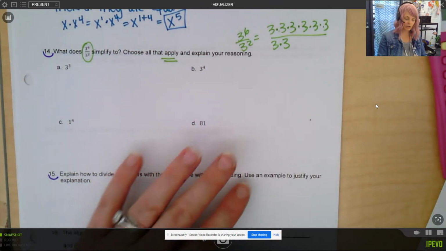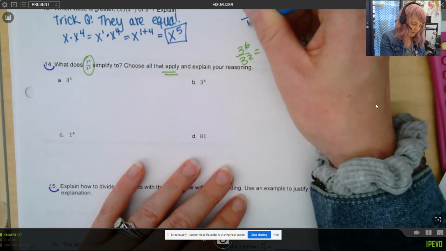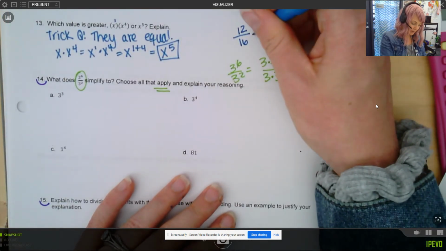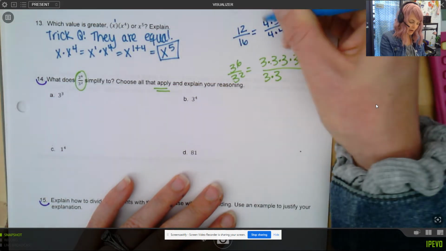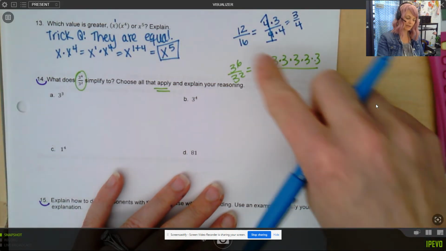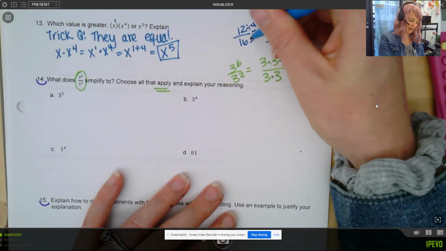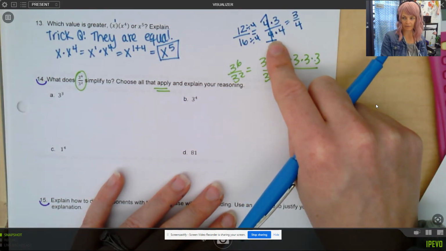Just like if you had 12 over 16, right? 12 is 4 times 3, and 16 is 4 times 4. So those 4s cancel out, so you get 3/4. Or you can always think, oh, I'm just dividing by 4. And that's why we can do that, because they have common factors.